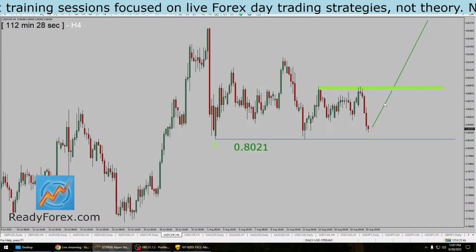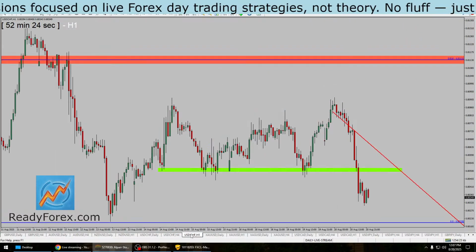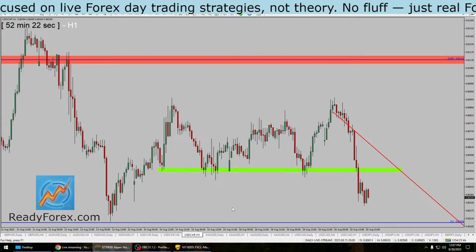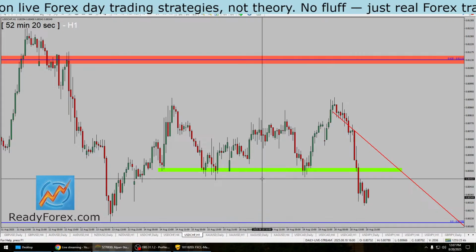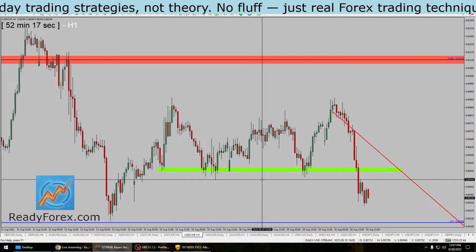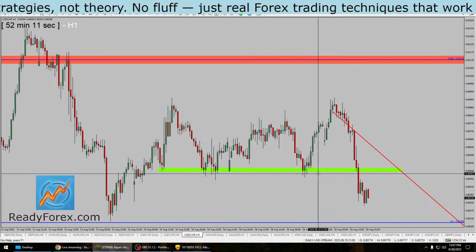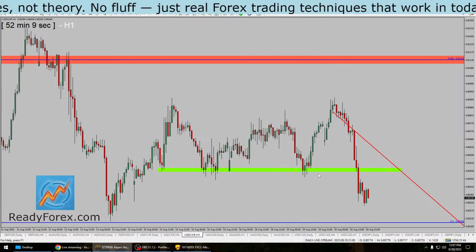The whole thing could go sideways as well, that's also possible. This was the break of the support, and what I'm getting right now is market is kind of going sideways over here.